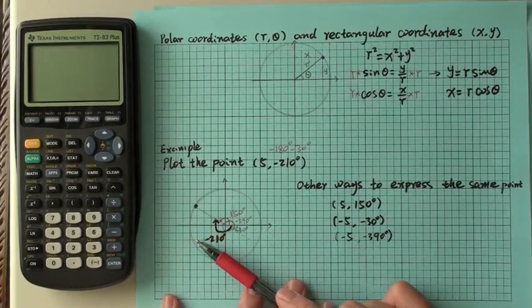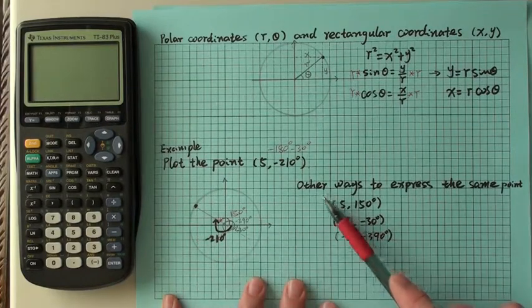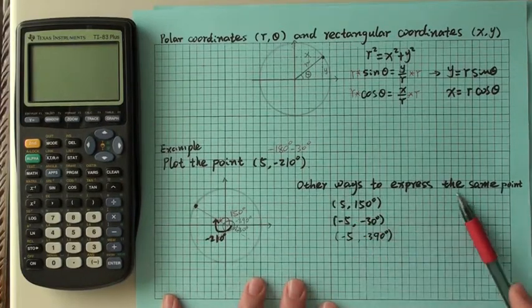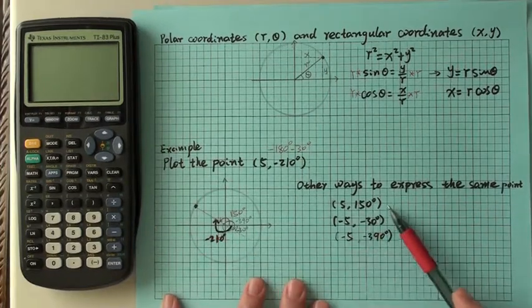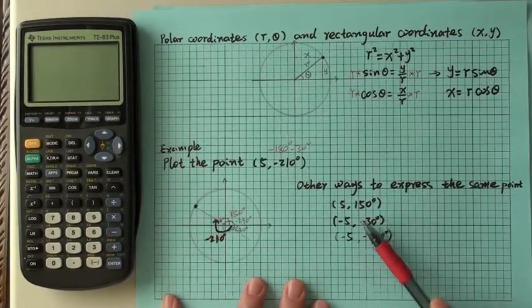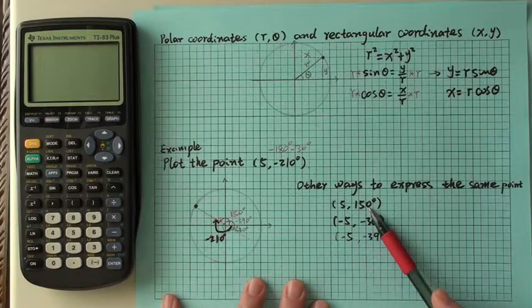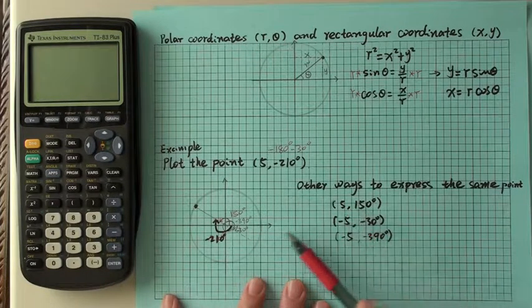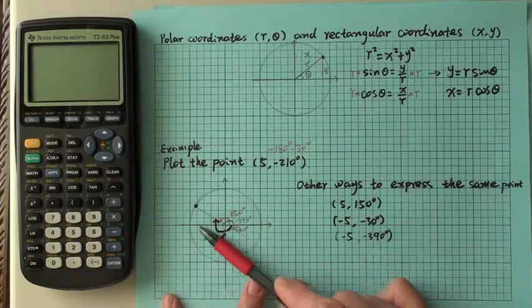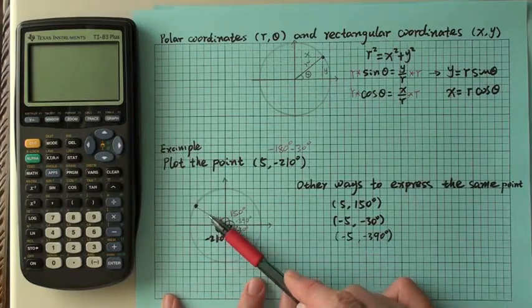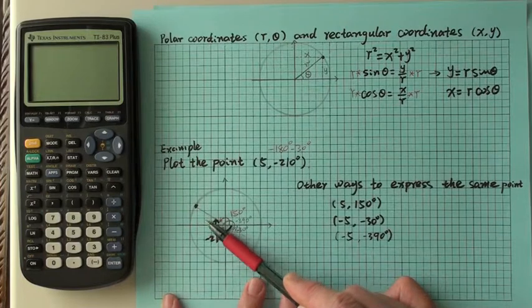Now, do we have other ways to express the same point? And here are the ways. The first one is 150 degrees, 5. Again, the straight angle is 180 degrees. This one was 30 degrees.